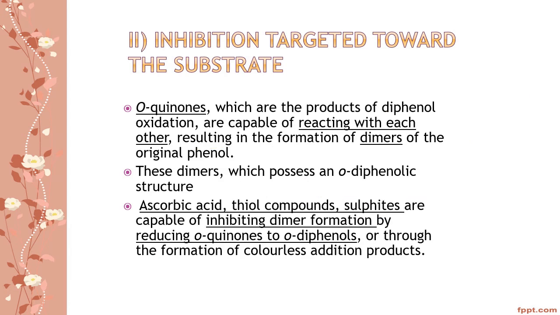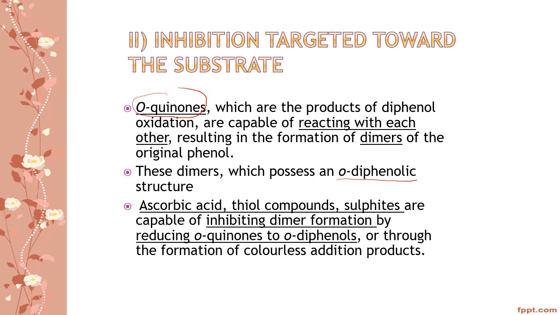Still number two, inhibition targeted towards the substrate. Orthoquinone, which is the product of the diphenol oxidation, is capable of reacting with each other, resulting in the formation of a dimer. This dimer has an orthodiphenolic structure.